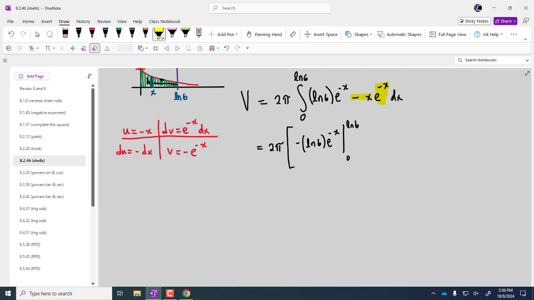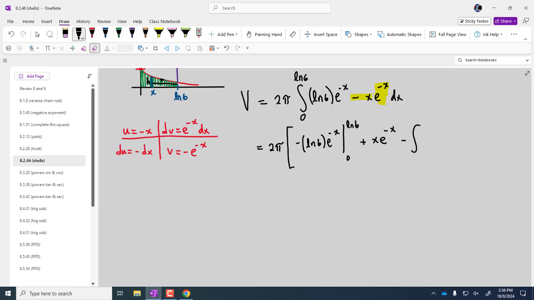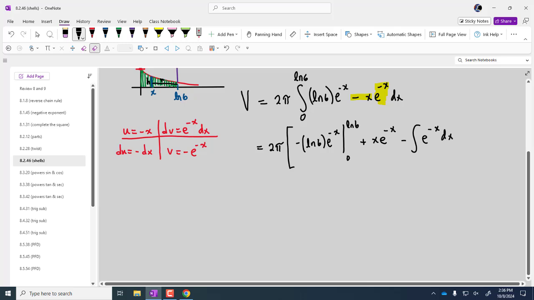Now we're going to do u times v. That's x e to the minus x, so plus x e to the minus x, minus the integral of v du. V du is the bottom row. That's going to turn positive. We have e to the minus x dx, and then close the bracket.